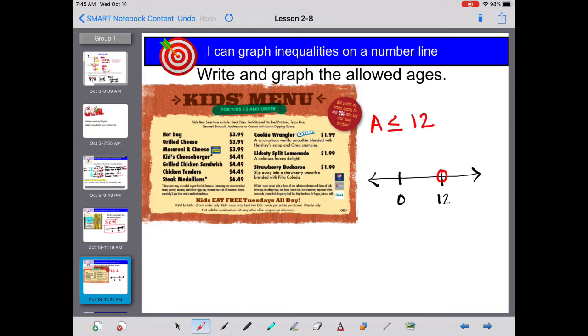Is 12 less than or equal to 12? And the answer is yes. Then, where are numbers less than 12? Well, they go to the left. Now, technically, you can't eat off the kids' menu if you're under 0 years old. So, technically, we would stop it at 0.